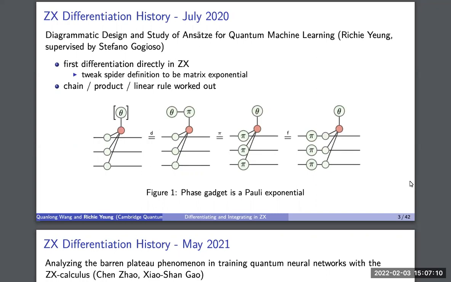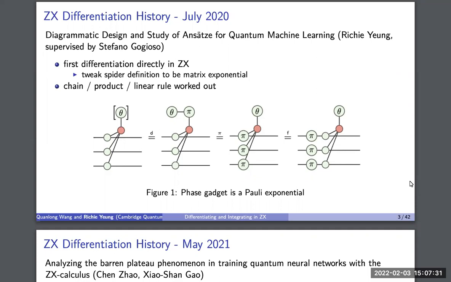Before I talk about the paper itself, I'd like to talk a bit about the history, or the progression, of developing differentiation in ZX calculus. So in my master's thesis, supervised by Stefano Gogioso, we started differentiating things such as phase gadgets and Pauli gadgets.